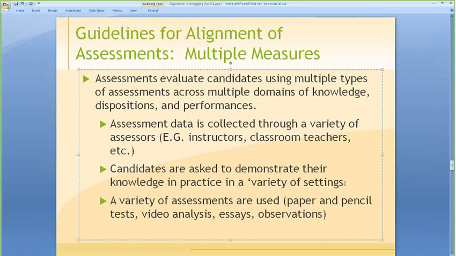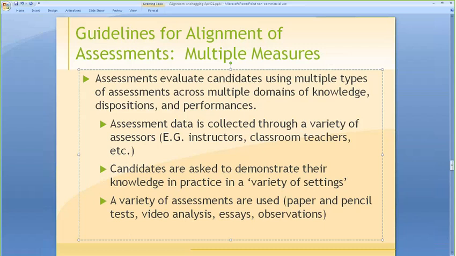Candidates are asked to demonstrate their knowledge and practice in a variety of settings. So here, too, part of the CAPE standards, let's focus on 2.3, 3.4, and 5.1. Standards 2, 3, and 5 ask you to demonstrate that throughout their programs you're assessing their developing skills.